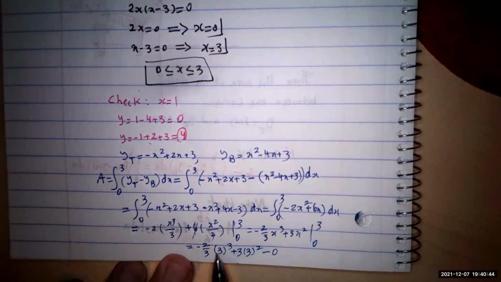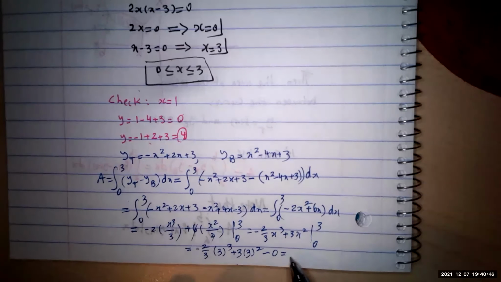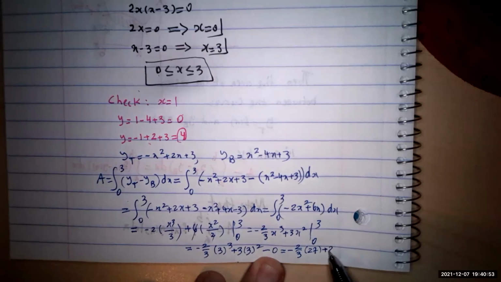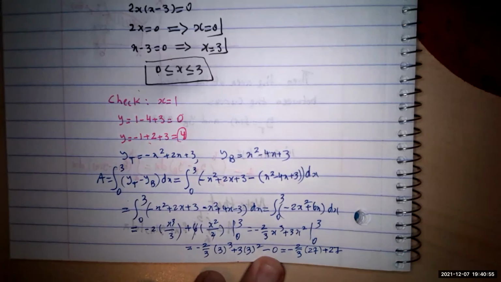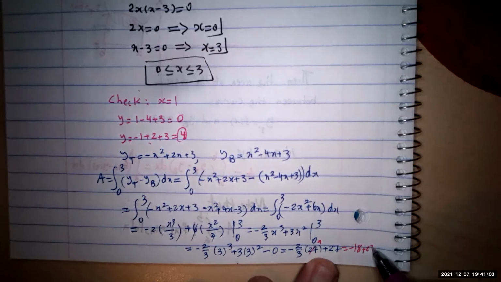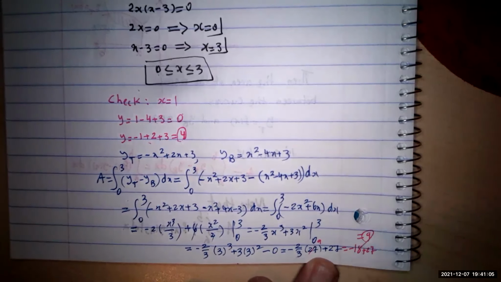So 3 cubed would be 27, so that gives you negative 2/3 times 27, and that would be a 27 again. So 27 divided by 3 gives you 9. 9 times 2 would be 18. So it's a negative 18 plus 27, which is 9.